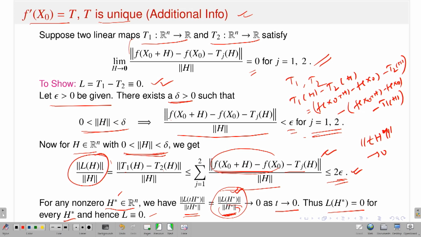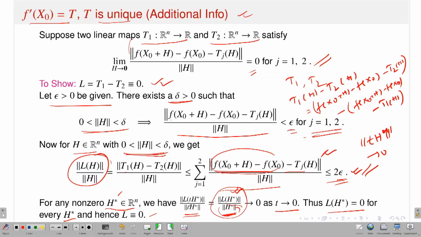To show that, first you will have this estimate: whatever vector h I take in R^n, if the norm of h is strictly less than delta, then the norm of L h divided by the norm of h is less than epsilon. You have to conclude that. Now if the norm of h goes to 0, then the norm of L h by the norm of h also goes to 0. That's the property you have to use. How to use it?